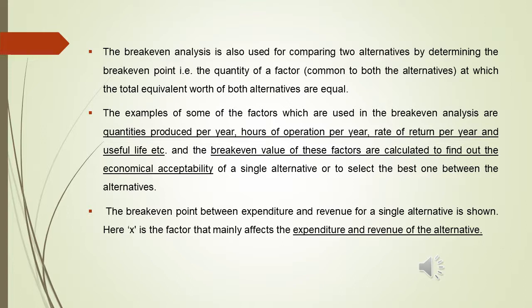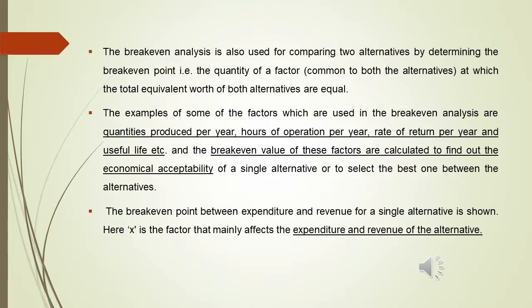Here the second point is the examples of some of the factors which are used in the break-even analysis: quantities produced per year, number of hours of operation per year, rate of return per year, useful life, etc. These are a few examples used in this analysis.